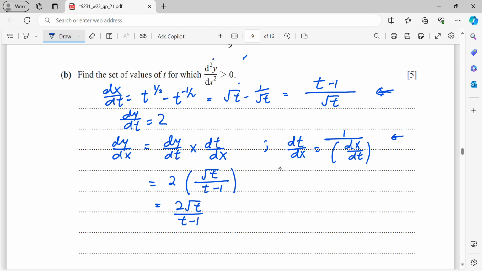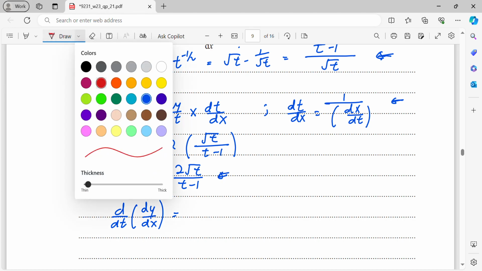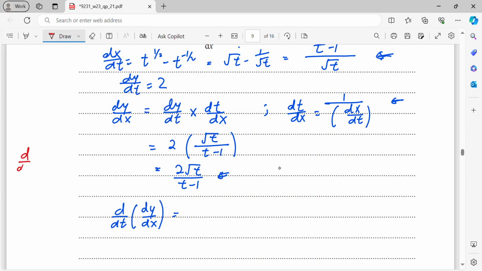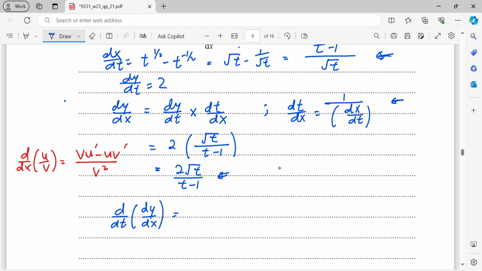Now, to get the second derivative, since your dy dx is in terms of t, that means I should differentiate the dy dx with respect to t. So when I differentiate this with respect to t, I need to apply the quotient rule. So d over dx of u over v is over v squared, vu prime minus uv prime. So now I will write down my u and v first.